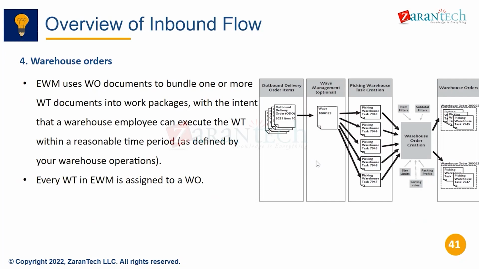In that case, one warehouse order is created from the different inbound deliveries, and the warehouse tasks created for those different inbound deliveries will be assigned to that one operator.